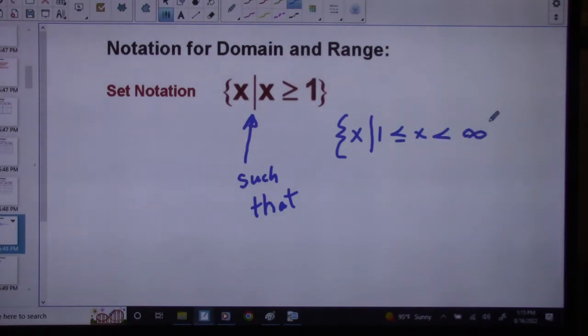But can you see that the one up here in red is more efficient than this notation down here, just because it has less wordiness to it? So that's something to get ready for.